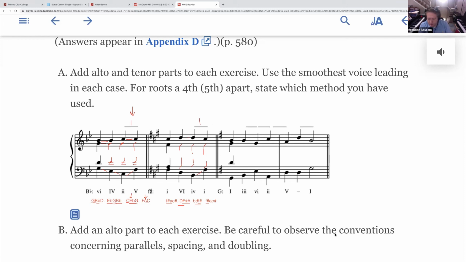All right, let's do the next one. We've got to hustle. We've got G, B, D going to B, D, F sharp, going to E, G, B, going to A, C, E, going to D, F sharp, A, going to G, B, D. All right. 2 common tones.